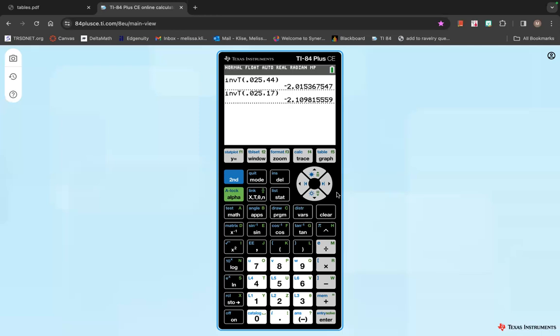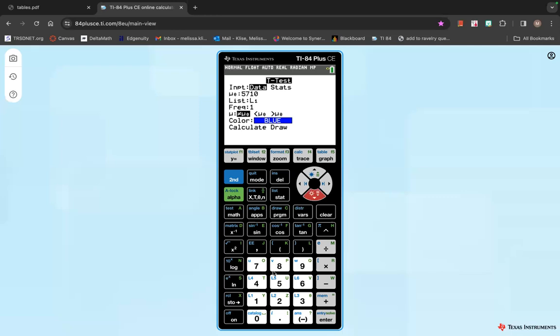Plus or minus 2.11. Remember, it's plus or minus because it is a two-tailed test. So now let's get our test statistic. Stat, go over to tests, and go down to t-test, which is the second option. Hit enter. We're going to use the data because we have data.